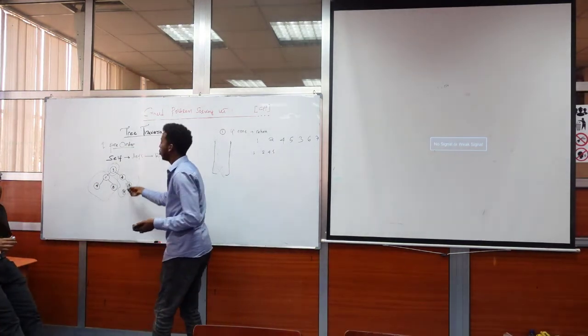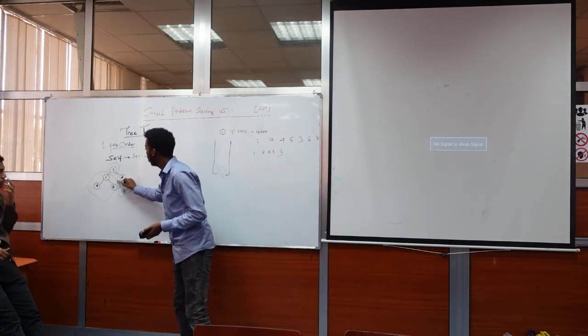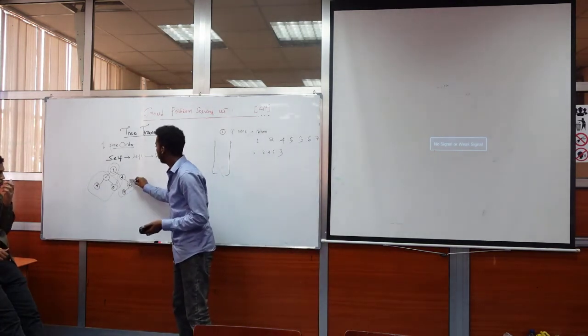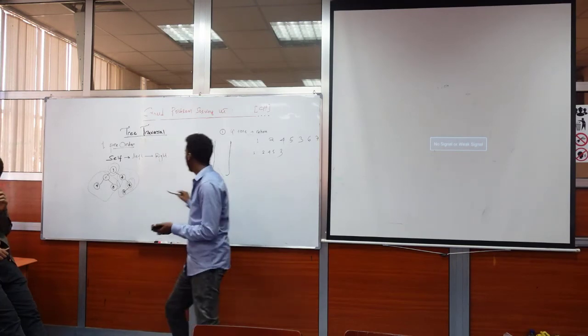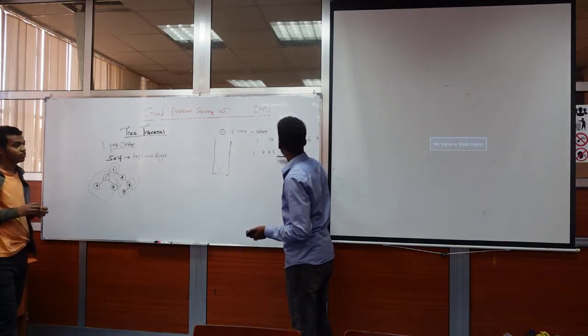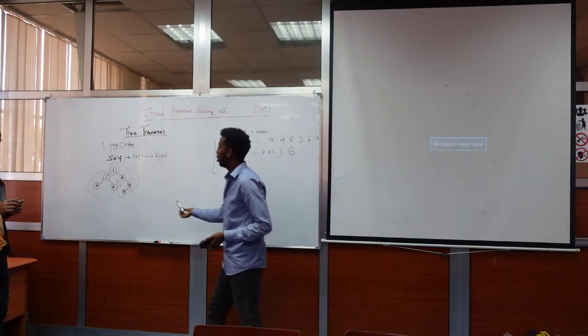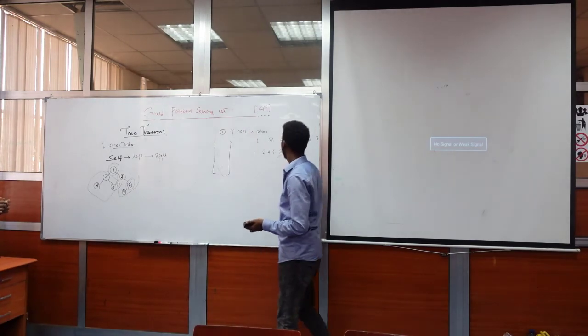For the right subtree of 3, we print self 3, then the left subtree, we have nothing, then the right subtree. For the right subtree, we print self, which is 6. Then the left, 7.